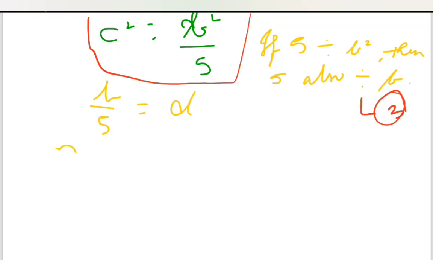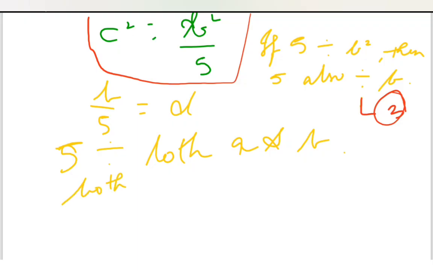Now let's go to the statement. So 5 divides both A and B. So both A and B have a common factor of 5.